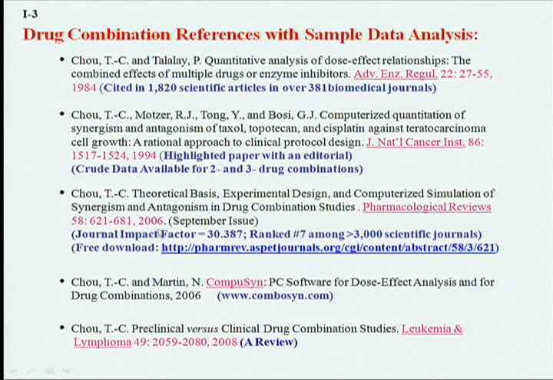The Pharmacology Review article published in 2006 is my lifetime theoretical work, 35 years of work. It covers every aspect of drug combination studies. And the computer software, CompuSyn, is the 3rd generation software.